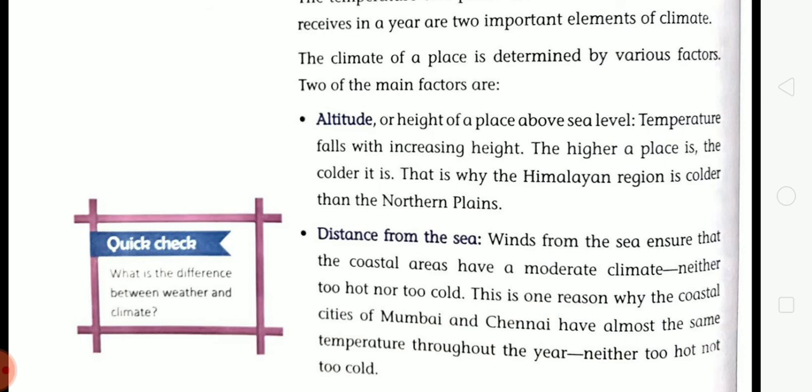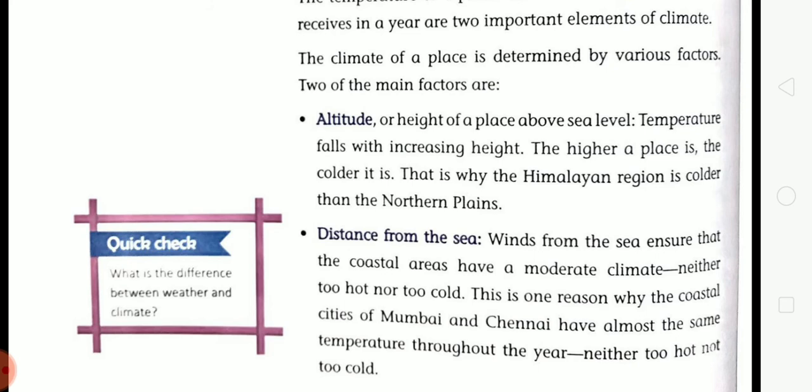So student, these are the factors that determine the climate of any place. First one is altitude and second one is distance from the sea. Altitude means the height of a place above sea level. If any place is above sea level, then the temperature is low, and where the temperature is low, it is a cold season.